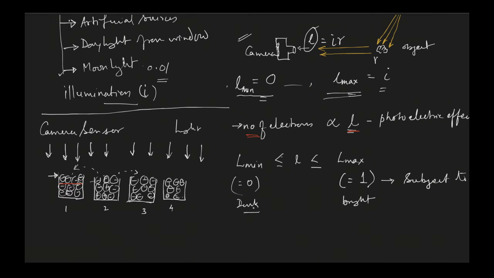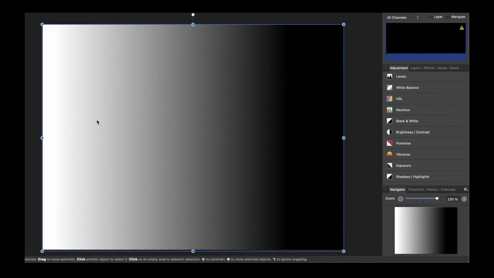So the dark side of an image can be represented by 0 intensity, and the bright side by 1 intensity. So 0 and 1. And we have seen one image where this is the brightest side and this is the darkest side. So this side is 1, this side is 0.